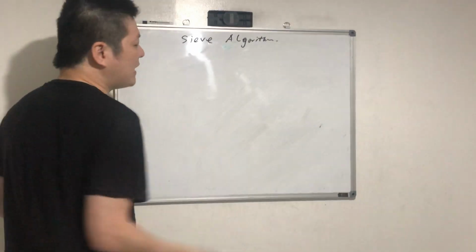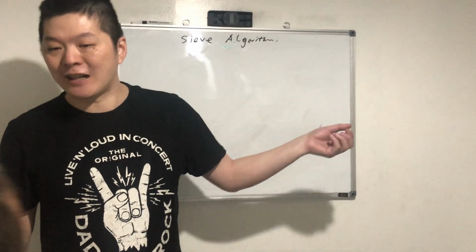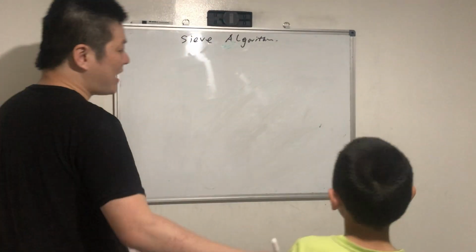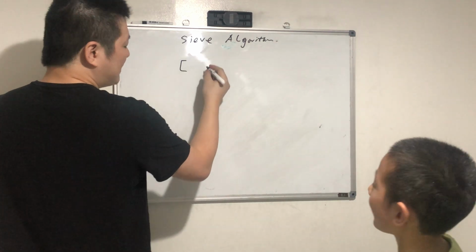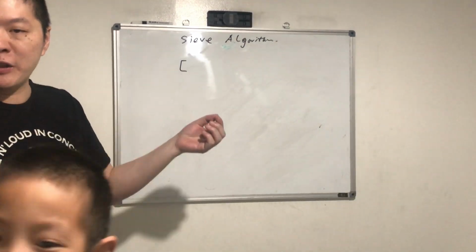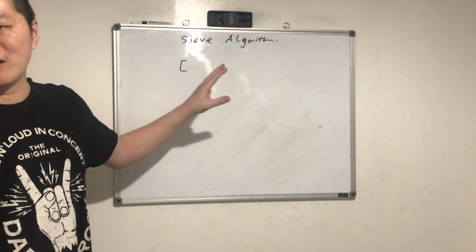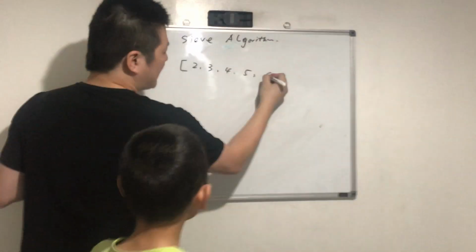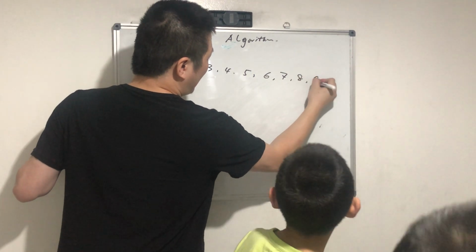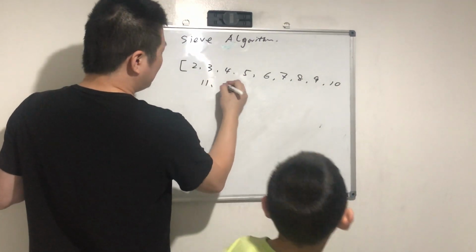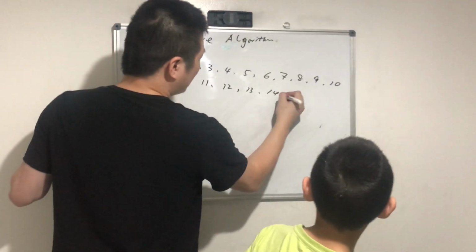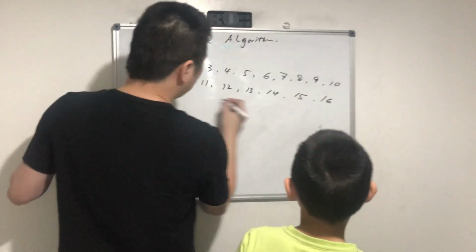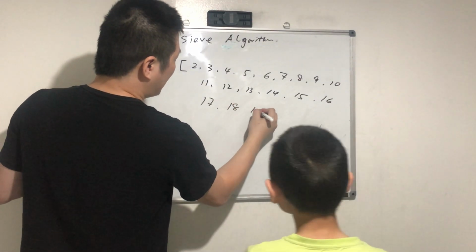Look. Let's say I want to generate all the prime numbers under 20. We know 1 is not prime. We start with 2: 2, 3, 4, 5, 6, 7, 8, 9, 10, 11, 12, 13, 14, 15, 16, 17, 18, 19, 20.